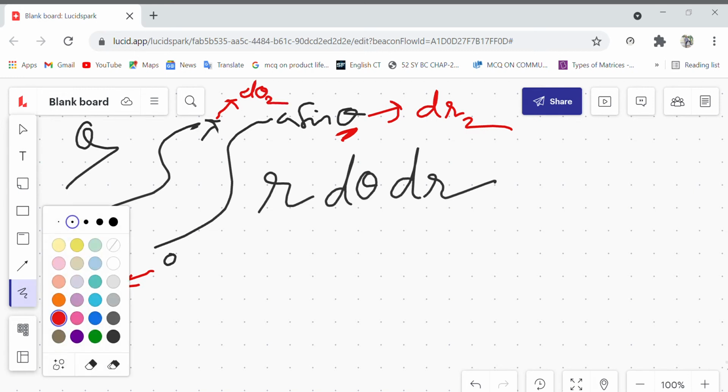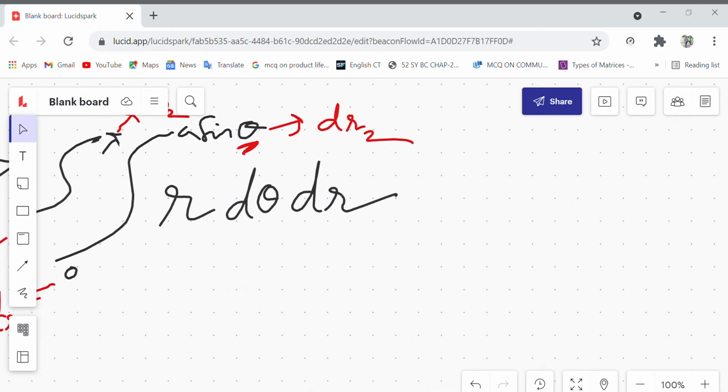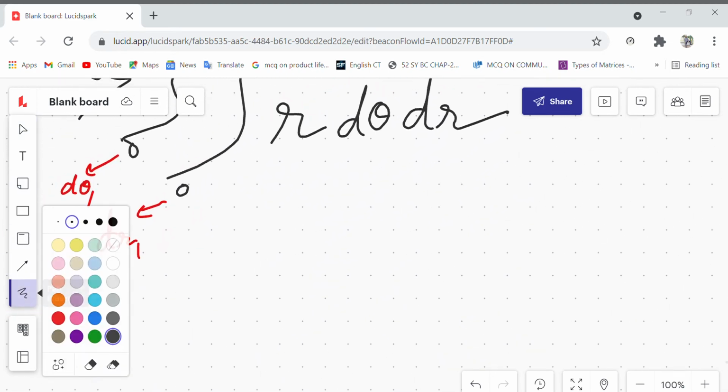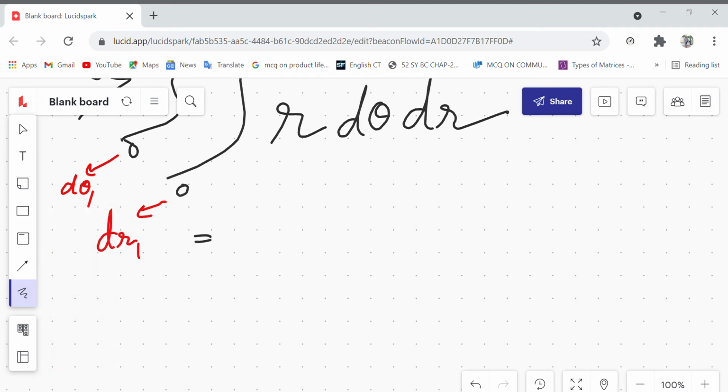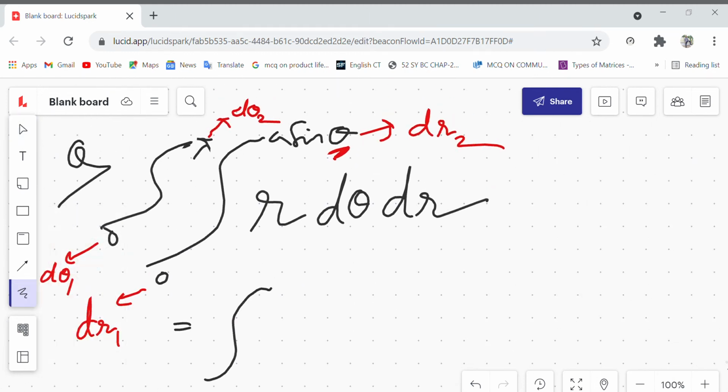Now let's start solving it. First we will write equal to integration of, in this blank space, what will we give? We will give d theta.